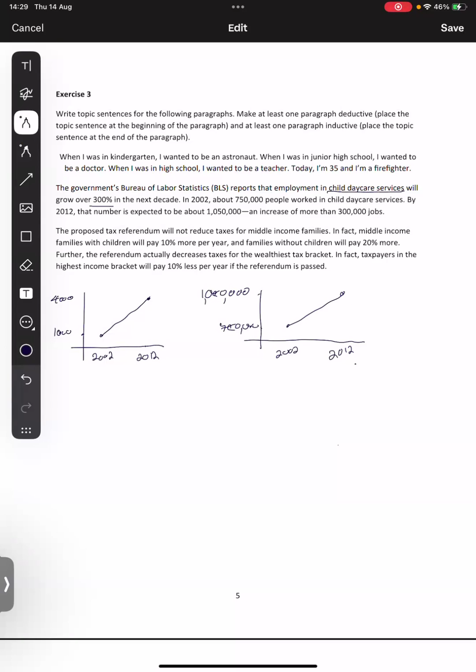Now let's see if this is actually an increase by 300% or not. What we can do is divide the final value by the initial value. So we have 1,050,000 divided by 750,000. We get 1.4.